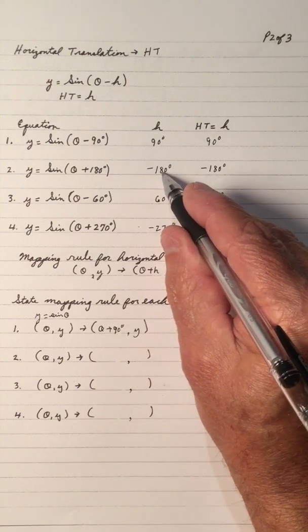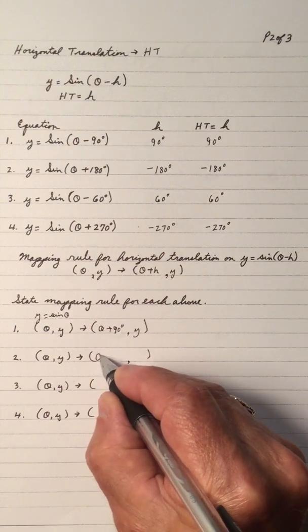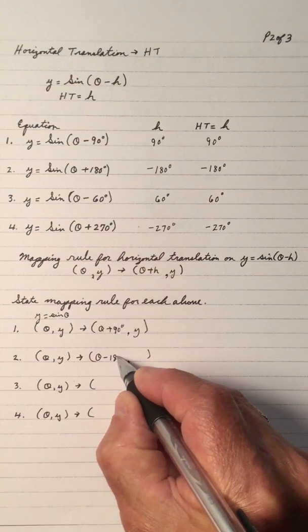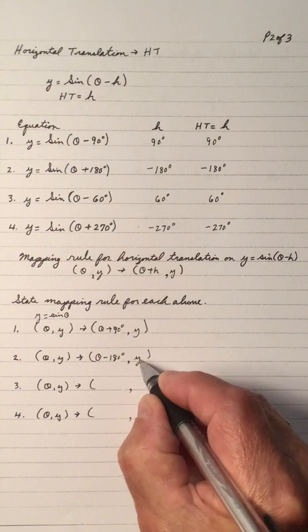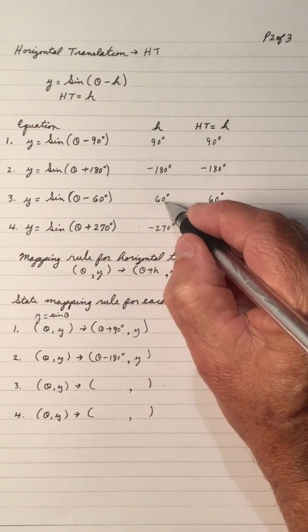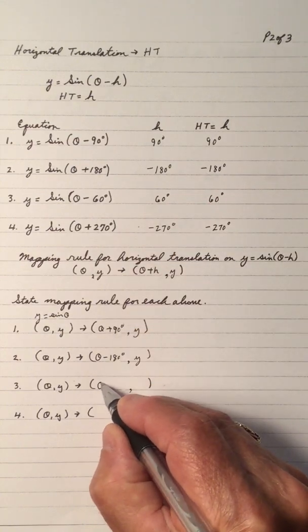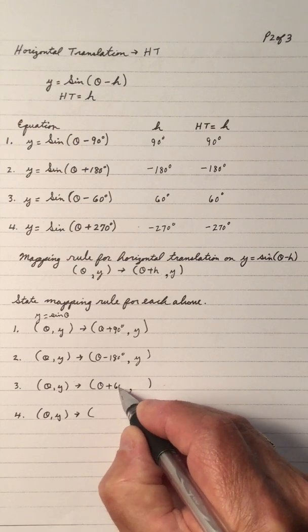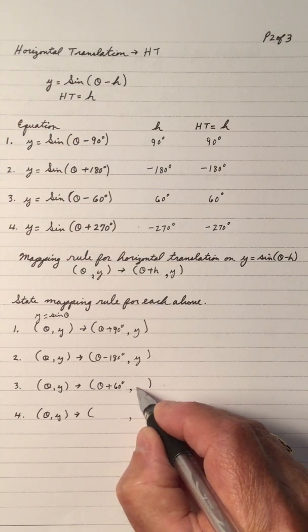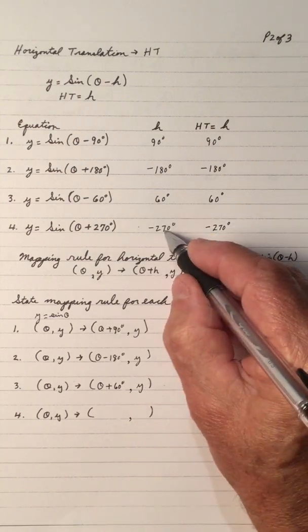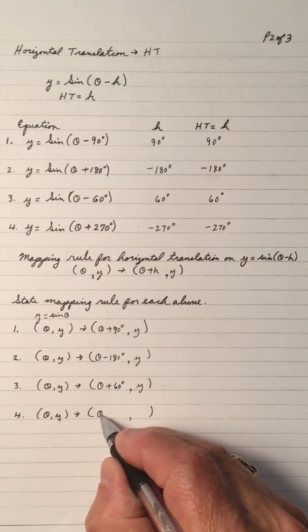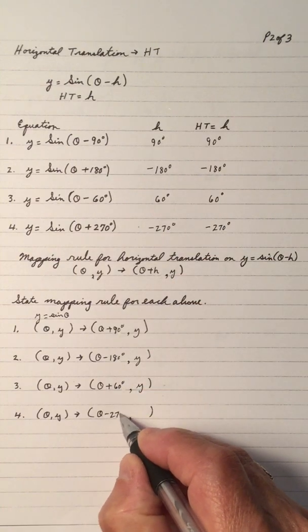This one is a minus 180, so it's theta minus 180, y. Number 3 is 60, so it's theta plus 60 degrees, y. And this one is a minus 270, so theta minus 270 degrees, y.